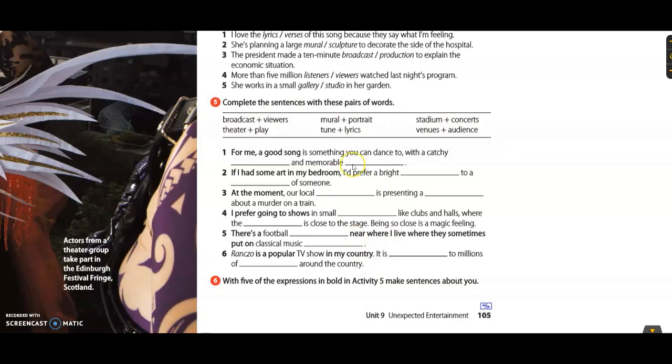An example would be stadium. I love going to the stadium to watch the Cruz Azul and America game. That would be a good example. So you choose 5 of these words and make 5 sentences in your notebook. Okay? So let's go to the next page.